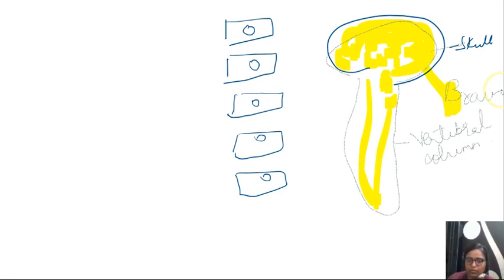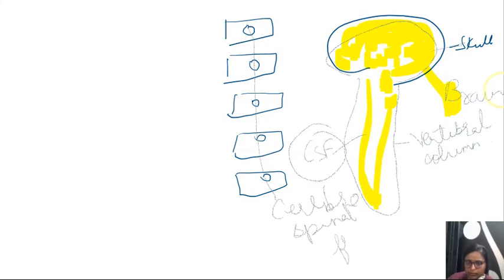If you see the spinal canal, there your spinal cord runs, and it runs in CSF, that is cerebrospinal fluid.